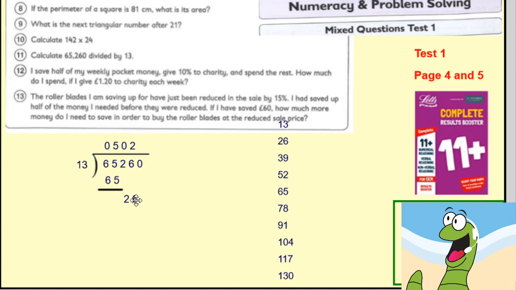And then underneath, I am going to put 26, because it does go in there twice. Goes exactly. 13 into 0 doesn't go. So our answer, 65,260 divided by 13, goes in 5,020 times. There's your answer.